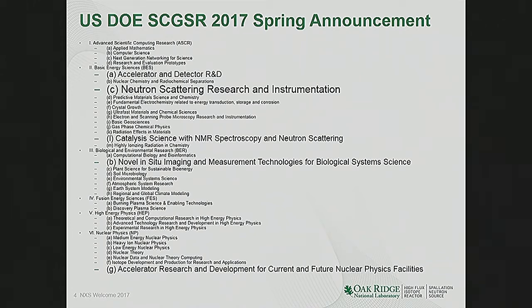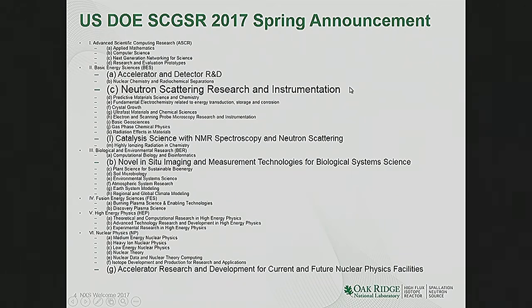I've highlighted here some of the areas that are likely to align with the research that you're doing, and one that's really important to point out is that historically, every year that this specific SCGSR program has had a solicitation for proposals, neutron scattering research and instrumentation has been a focus area.